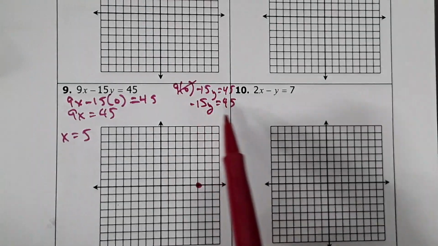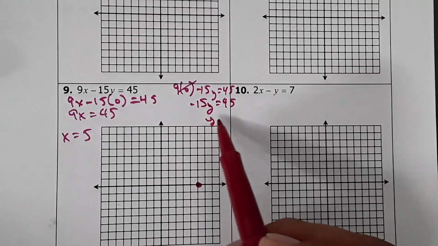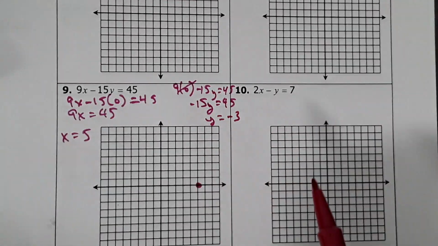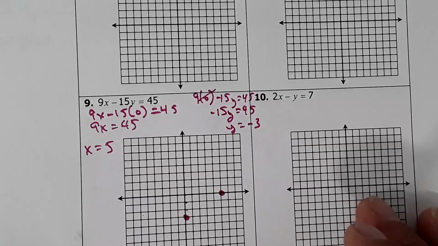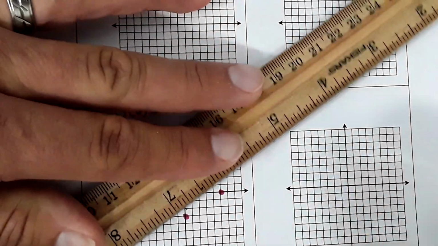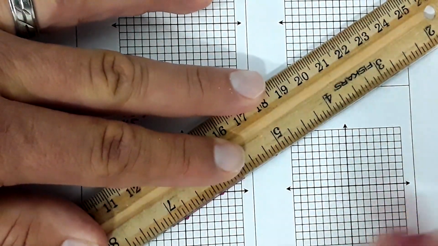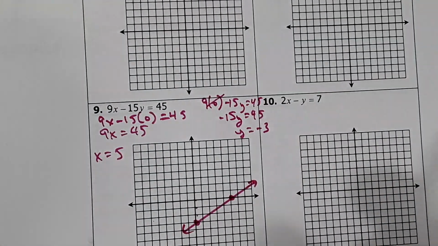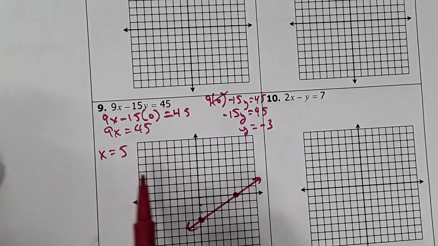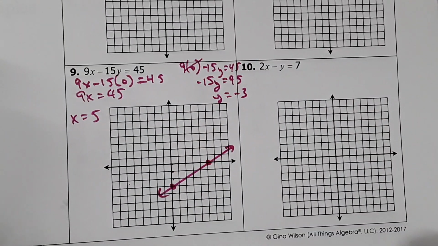And when you divide both sides by negative 15, you get y equals negative 3. So on the y-axis, I'm going to be at negative 3. Negative 1, negative 2, negative 3. And then from there, I can simply connect them. And there is the line of that equation using the two intercepts.